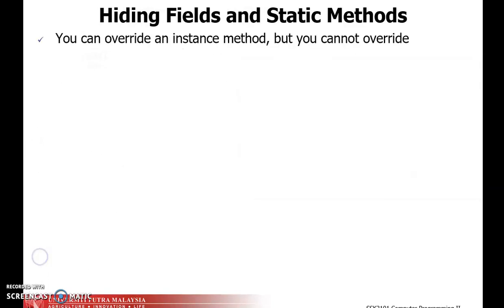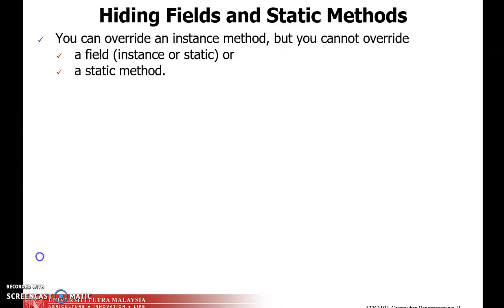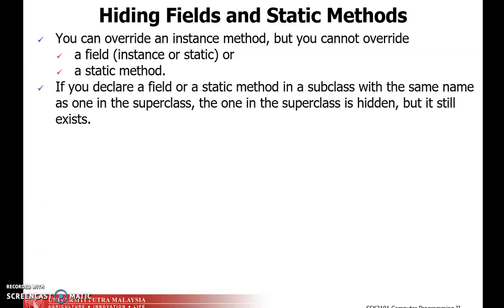Alright. And now we look into another program example. This time we take into account an instance method, which is commonly used in most programs you have built before, and a static method. What is the difference between an instance and a static method?